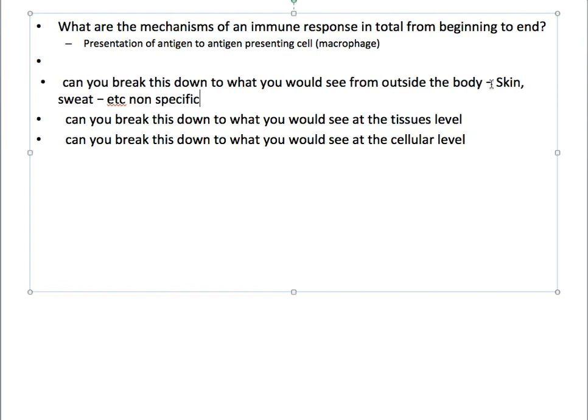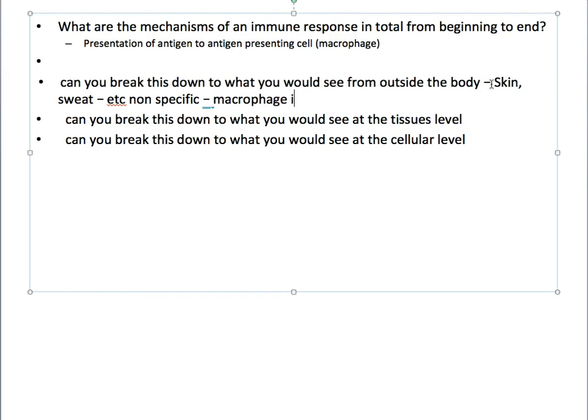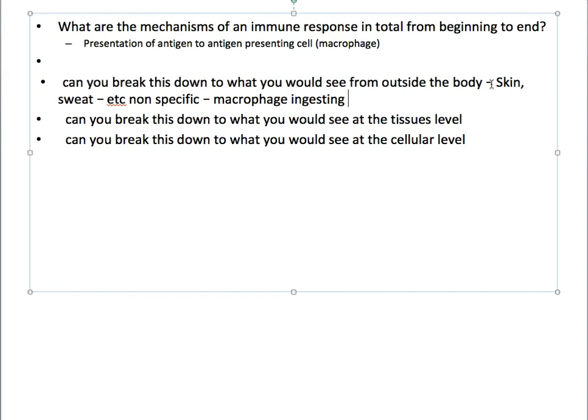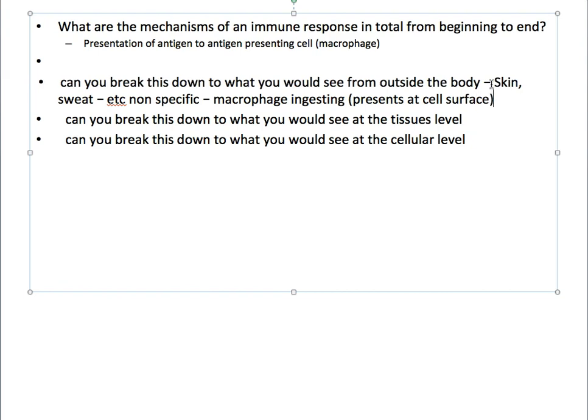Should something get through that, then you actually have a continued nonspecific response with the macrophage ingesting whatever actually got into the body. And now it presents this. Presents at cell surface. Okay? Makes sense? Okay. That's what it looked like from the outside.